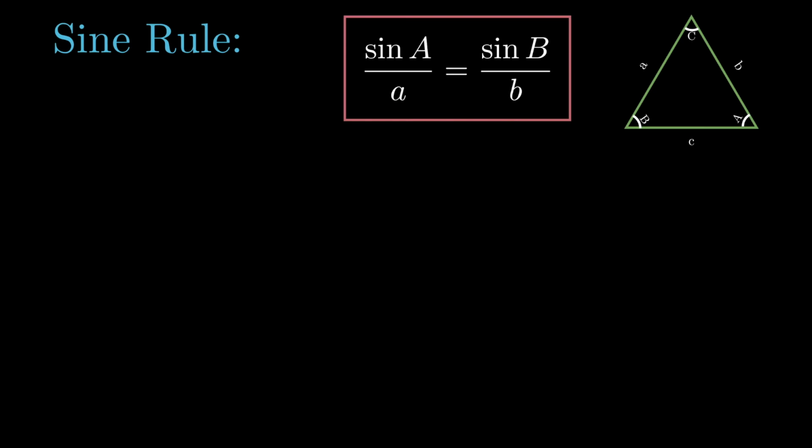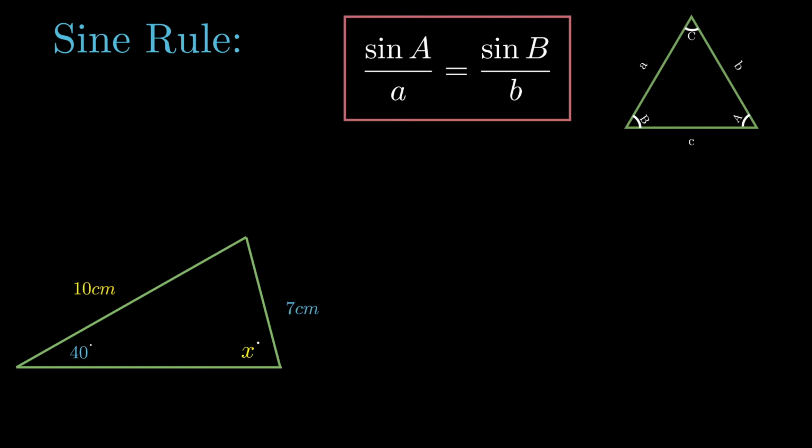In this example, we're going to calculate the angle of a triangle. So let's construct a triangle. This triangle has angle 40 degrees, angle x degrees, side 10 centimeters, and finally side 7 centimeters.